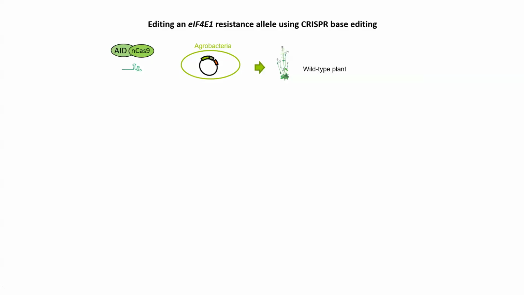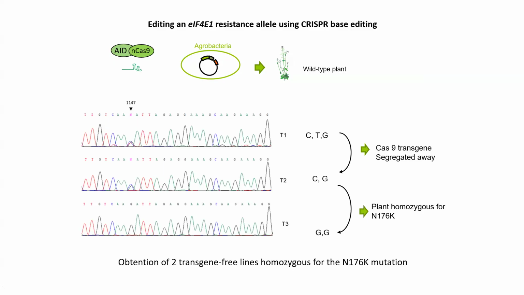We constructed nCas9 cytidine deaminase and the guide in a wild-type Arabidopsis. And from the first generation, we found a lot of mutation exactly at the site we wanted to target. And in 2 generations, we could generate plant homozygous for N176K mutation.